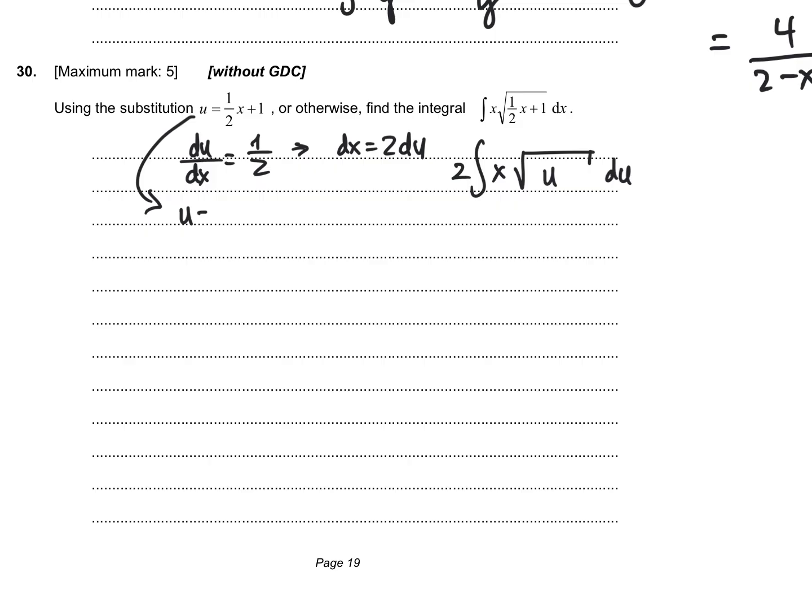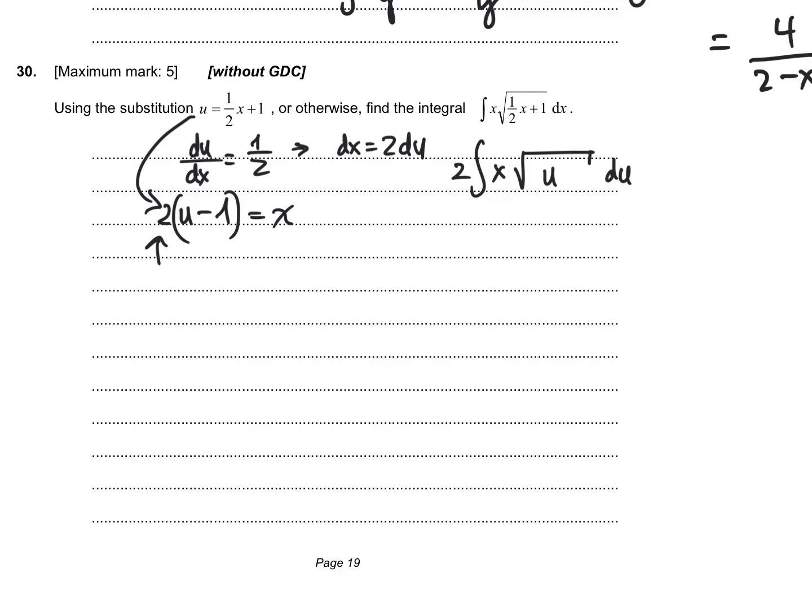It's going to be u minus 1 times 2 is x. So I'm going to take this 2 out so that this becomes 4, and this is u minus 1 times u to the 1/2.